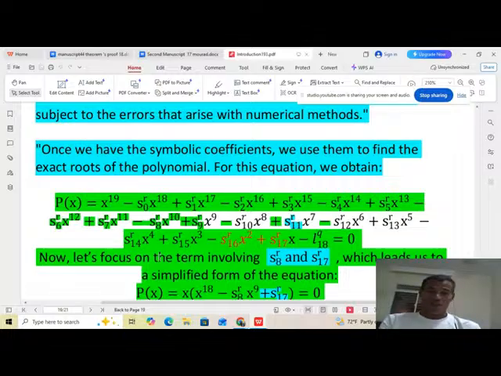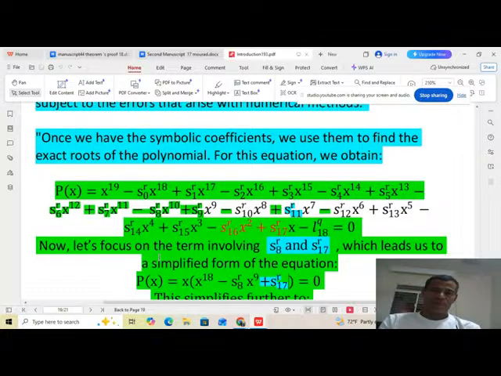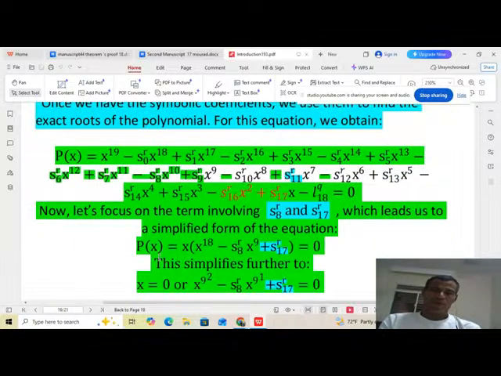Now let's focus on the terms involving S8 and S17 because they are different from 0, which leads us to a simplified form of the equation.